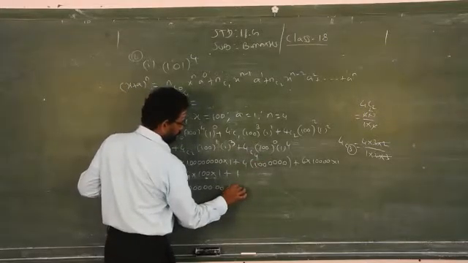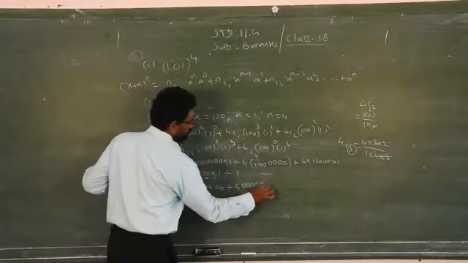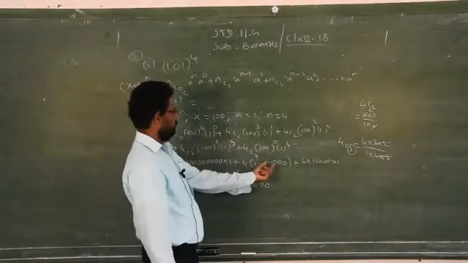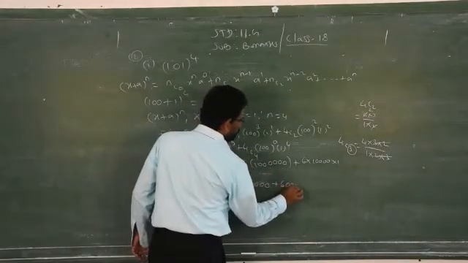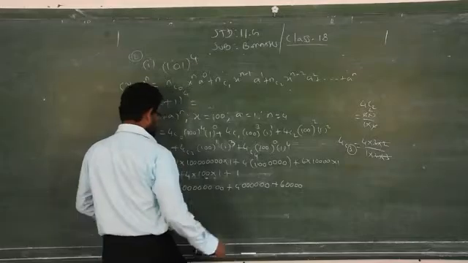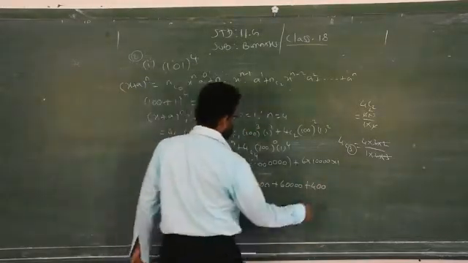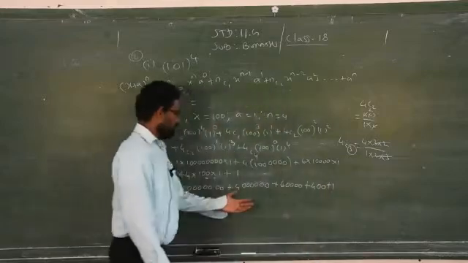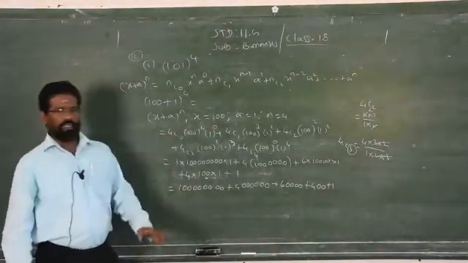Then you have to multiply 4, 6 zeros, plus 400 plus 1. Just add by using the calculator, you will get the final answer.